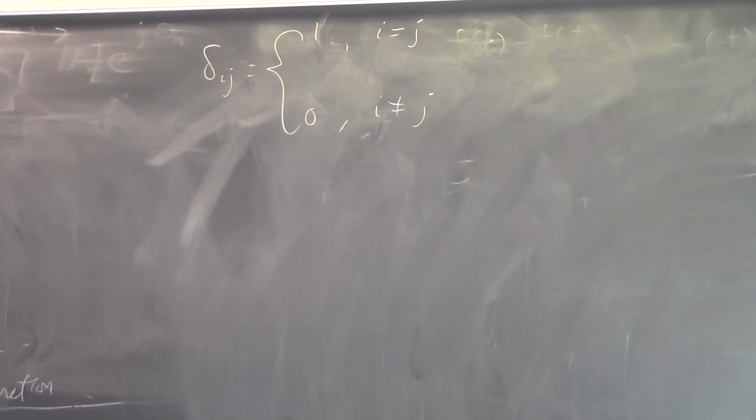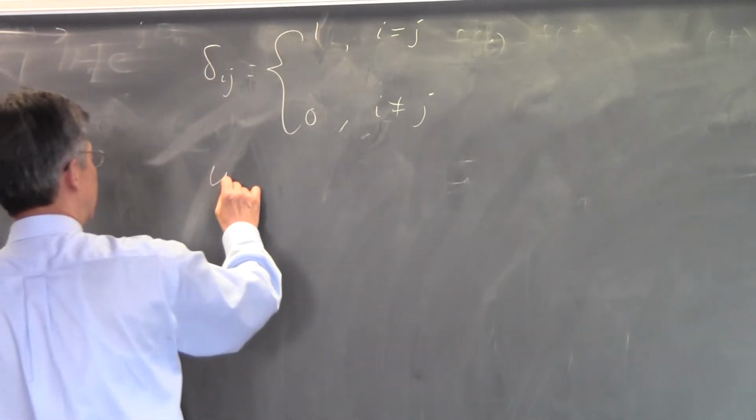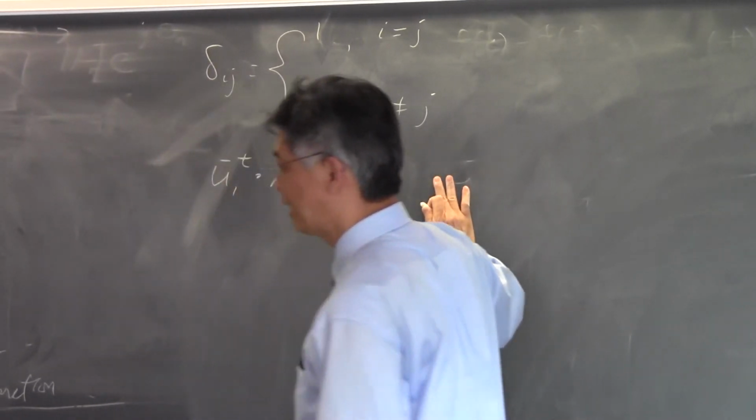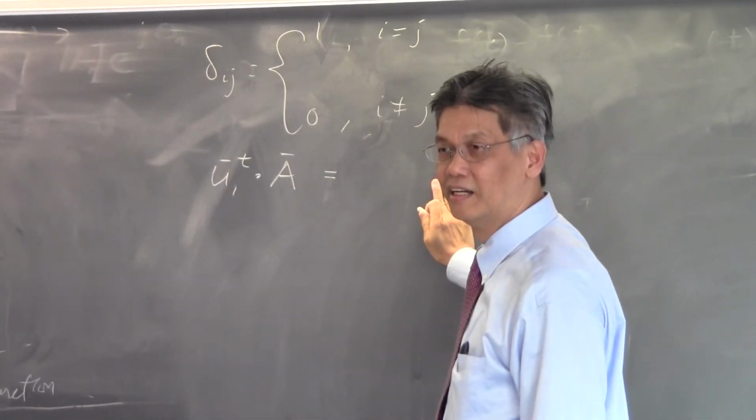We use the orthonormality property of the u's, right? If I multiply this equation by u1 transpose, dot multiplying by that unit vector from the left, what do I get left? On the left-hand side, I have u1 transpose dot A, and on the right-hand side, ax.